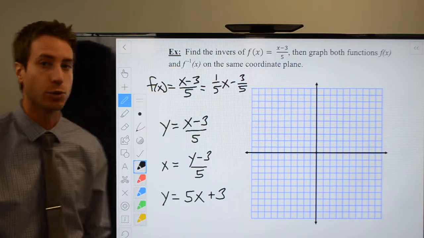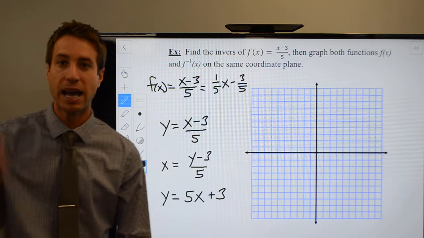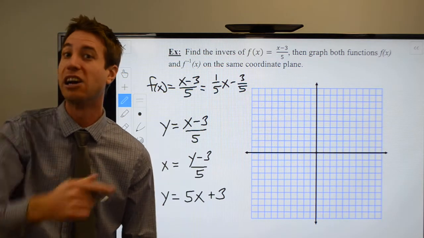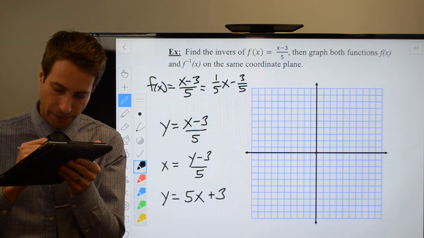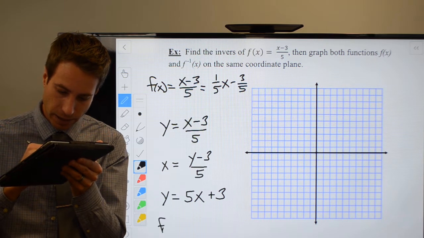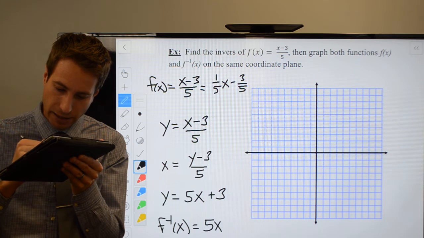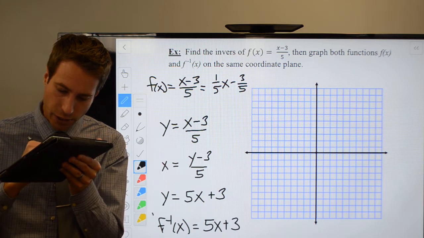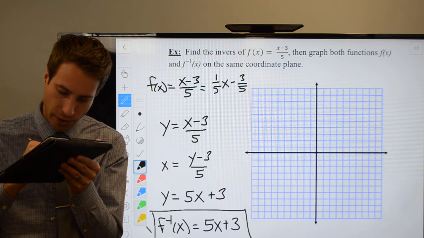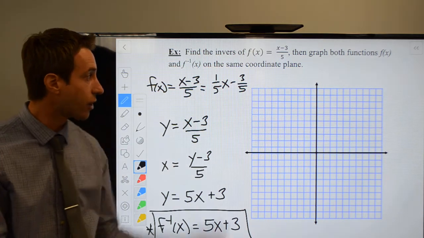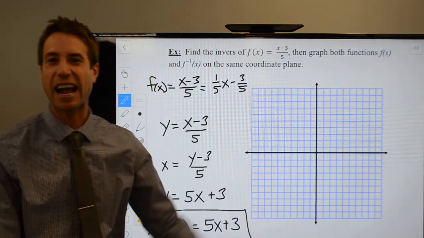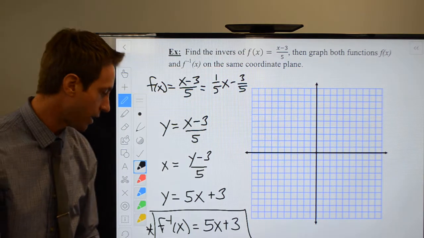Well, the original function was f of x, so the inverse will be f to the negative first power x. F to the negative first of x is equal to 5x plus 3. All right, so this is my inverse function right there. I have now found my inverse function, the original function I was given, and I ask you to graph both of them. So let's go ahead and do that.